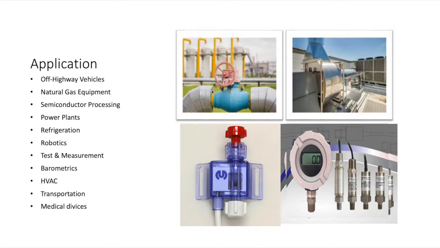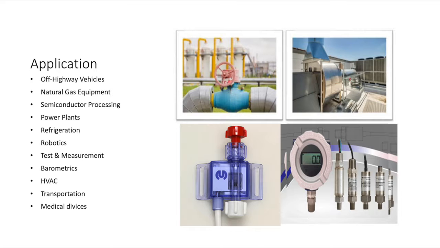Pressure transducers are used in various applications. First is off-highway vehicles, for example, load weighing systems and load moment indicating. Next is natural gas equipment, as an example, compressor and dispensing equipment.